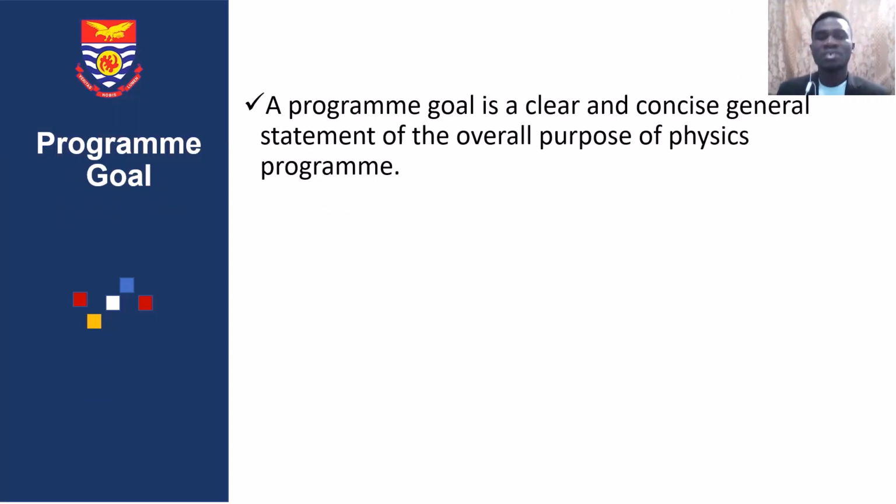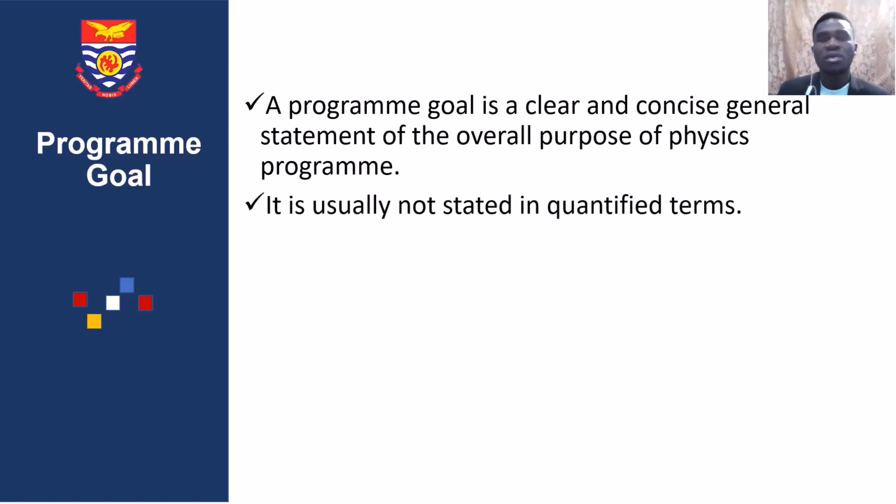So we are saying that a program goal is a clear and concise general statement of the overall purpose of the physics program. So let's take note that anytime we mention a goal, it talks about a general statement. Now, a goal is usually not stated in quantified terms.